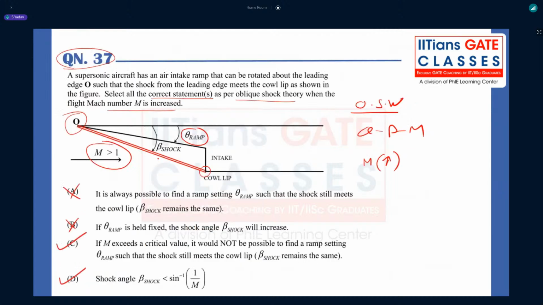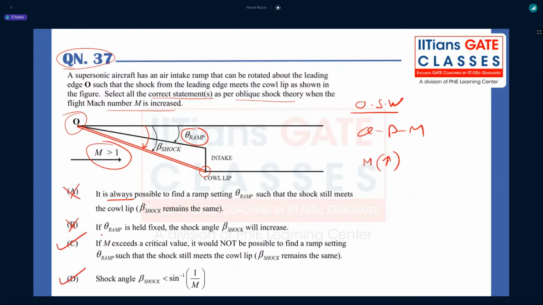So for a certain period you can increase theta so that beta also keeps increasing, but you can only increase theta up to a level where theta becomes equal to beta shock. After that, if Mach number increases further, you can't do anything. So the first statement is going to be wrong, because you cannot increase theta indefinitely or the Mach number indefinitely. So it is never always possible.